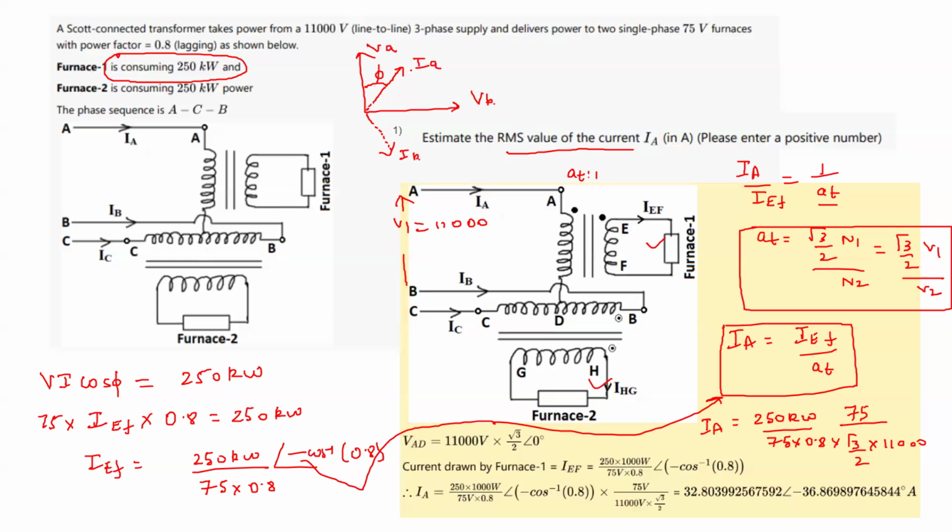We know that small ia and capital IA are in phase. Whatever is the phase angle of IF or small ia, that will also be the phase of capital IA. So if they ask the phase angle of capital IA, you can directly write it like that. This is how you will calculate for this.